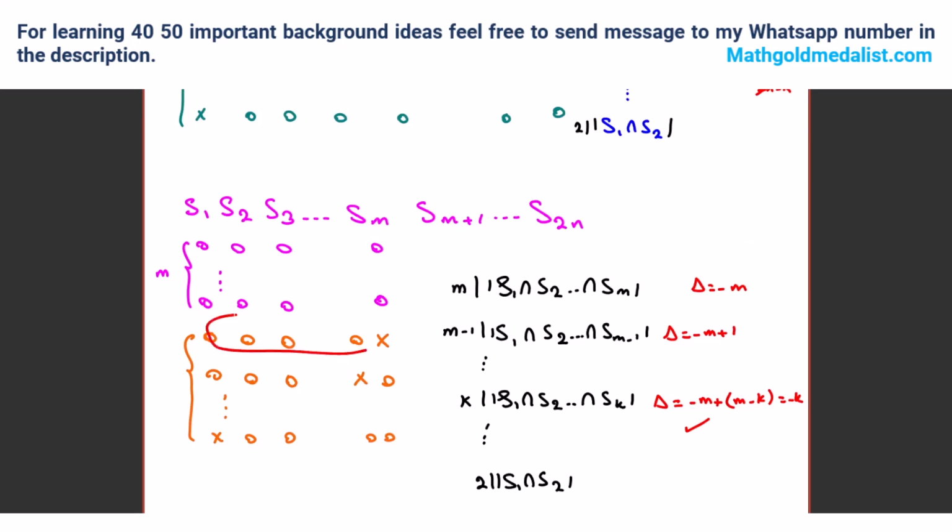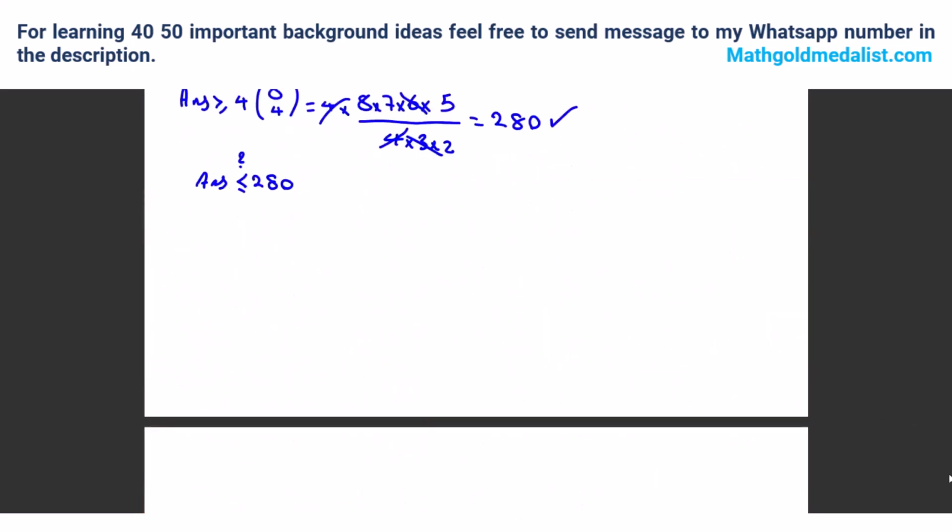When we wanted to add, we added symmetric with respect to them. So let's see if we want to do the same thing for S1, S2, S3, S4, what happens? I want to have some number of elements in 3 of them, some number of elements in 2 of them, okay?